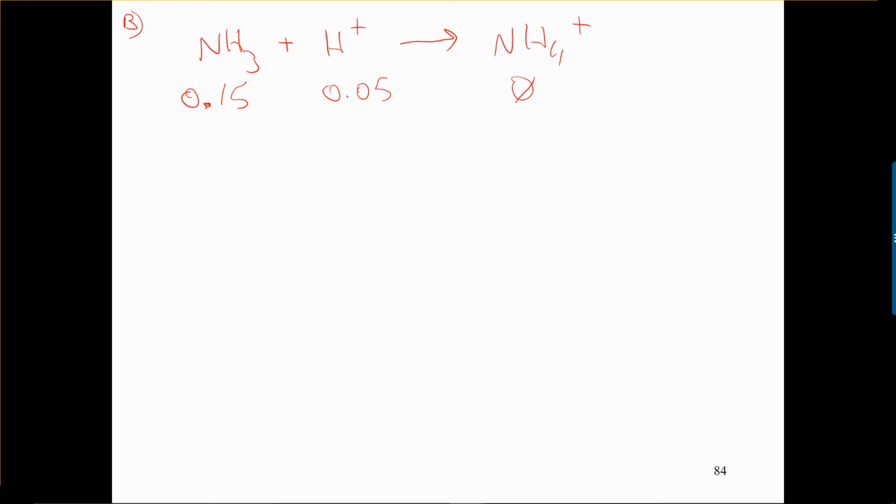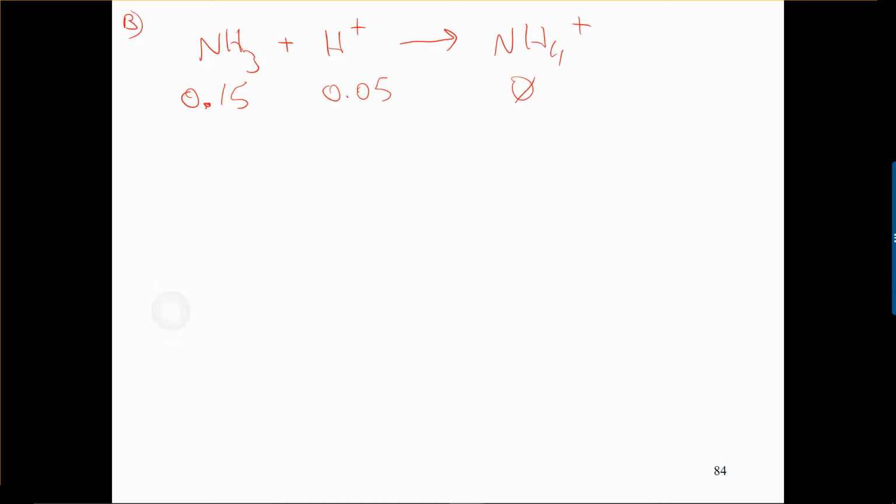In the end of this, am I going to have acid and base left over? Am I going to have concentrations of NH3 and NH4 plus? I will. So what equation can I use to find the pH? The Henderson-Hasselbalch equation.